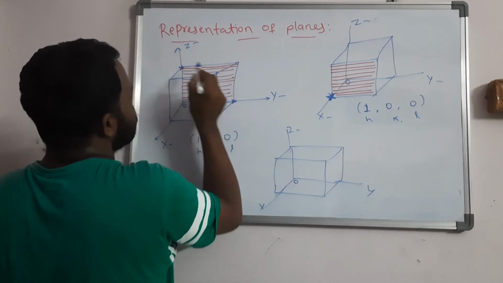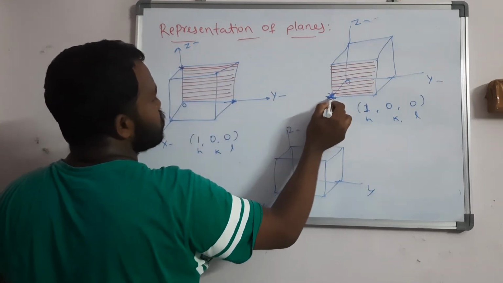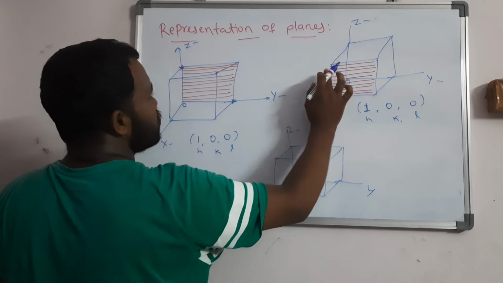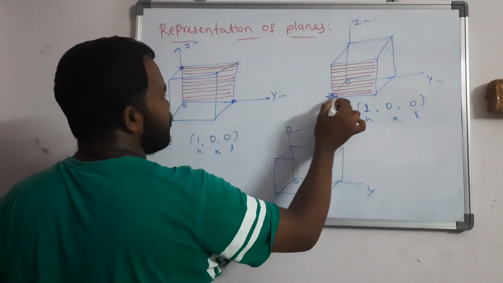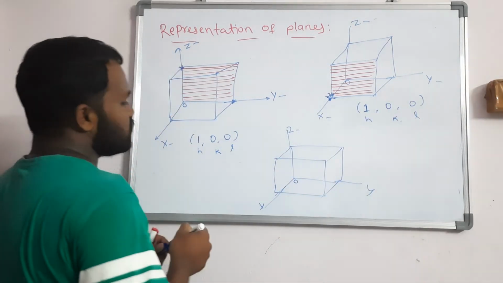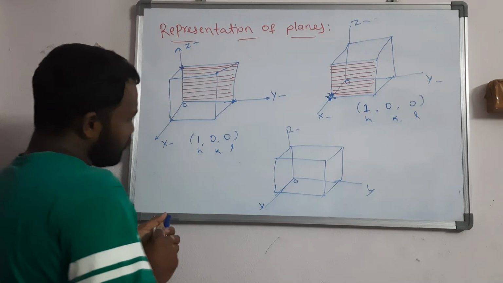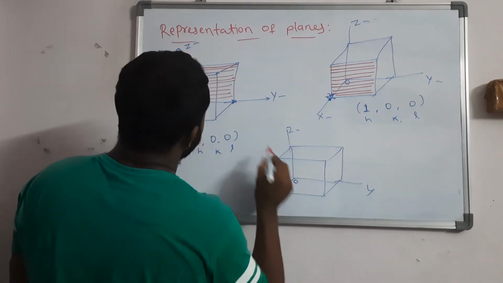K comma L value is 0 means parallel to YZ. So you should write the same on the front side, and you will get it like this. This touches the x-axis, so you should write 1. Whenever it touches the x-axis, you should write 100 as the HKL value.